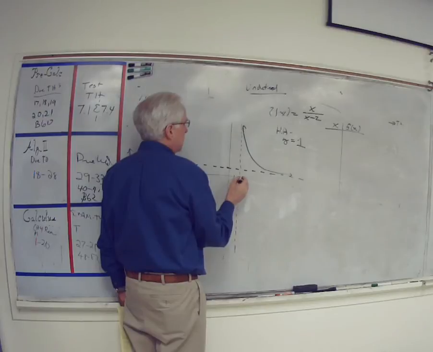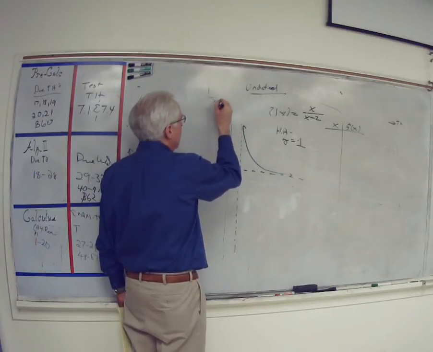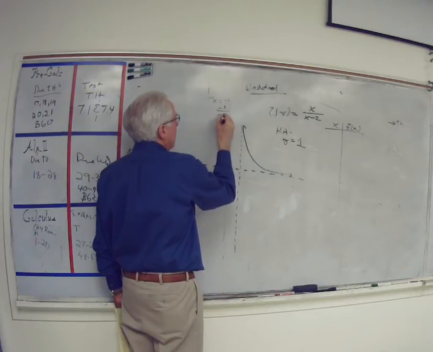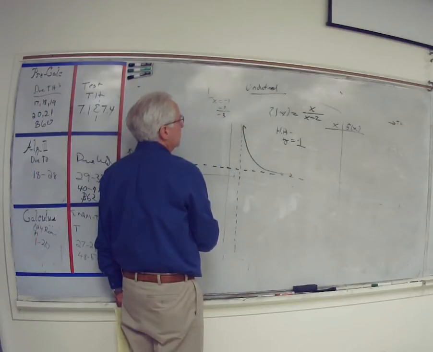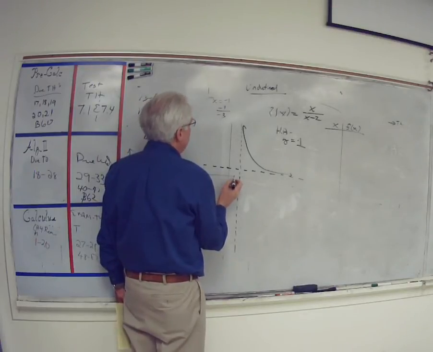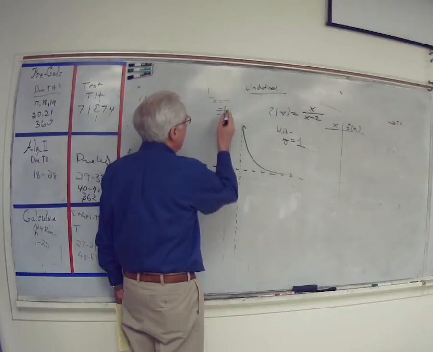Now let's do this. Okay, so if x equals minus 1, that would be minus 1 over minus 3. Am I right? And that is negative 1/3. What if I'm at 0?